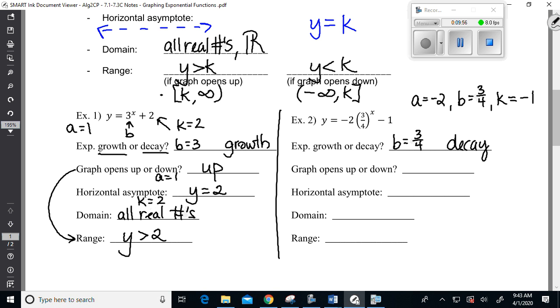Graph opens up or down. A is equal to negative 2, that's negative, so this graph is opening down. Horizontal asymptote: k is equal to negative 1, that means your horizontal asymptote is y equals negative 1.